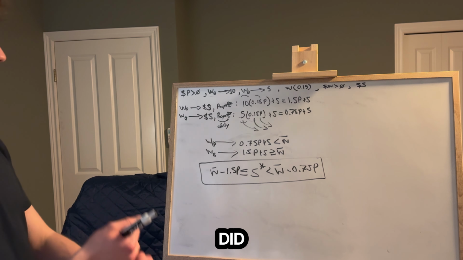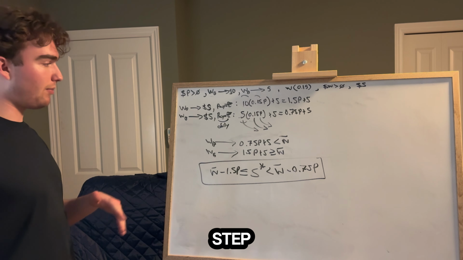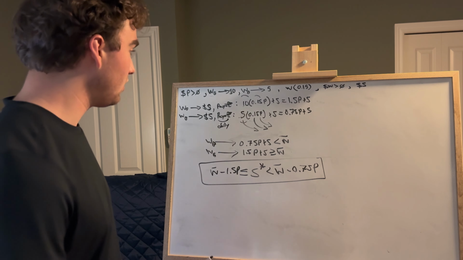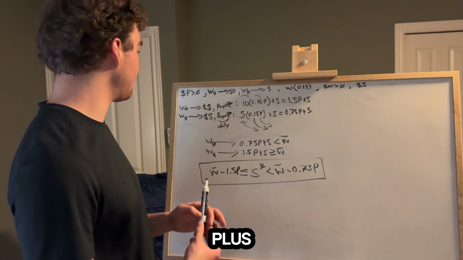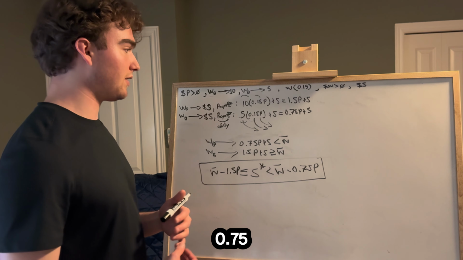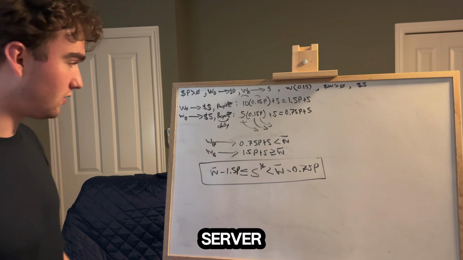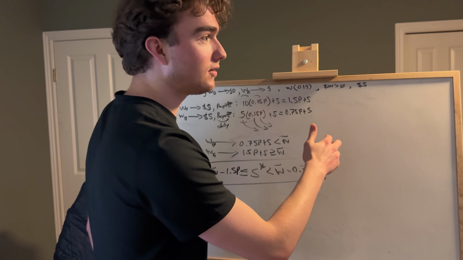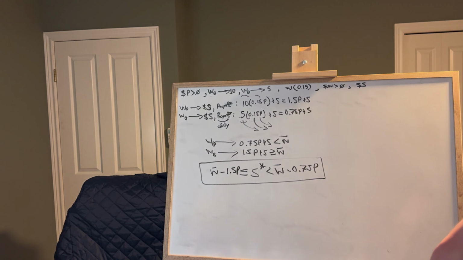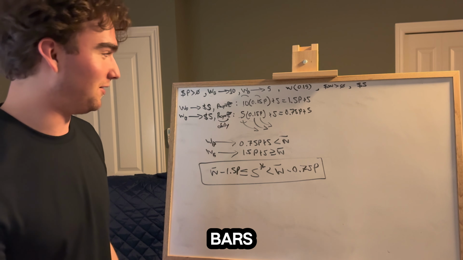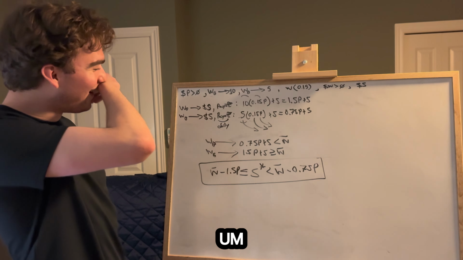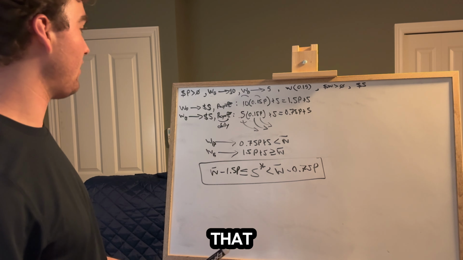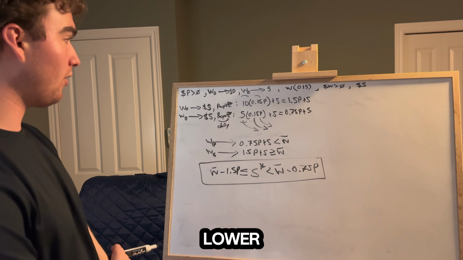And so what we did, we're going to go step by step here, is we define the stories with the 2 different payoffs. We found it to be 1.5p plus S for the good server and 0.75p plus S for the bad server. And then we understand where they would check W bars. We find out that they have different payoffs, and one is lower and one is higher.